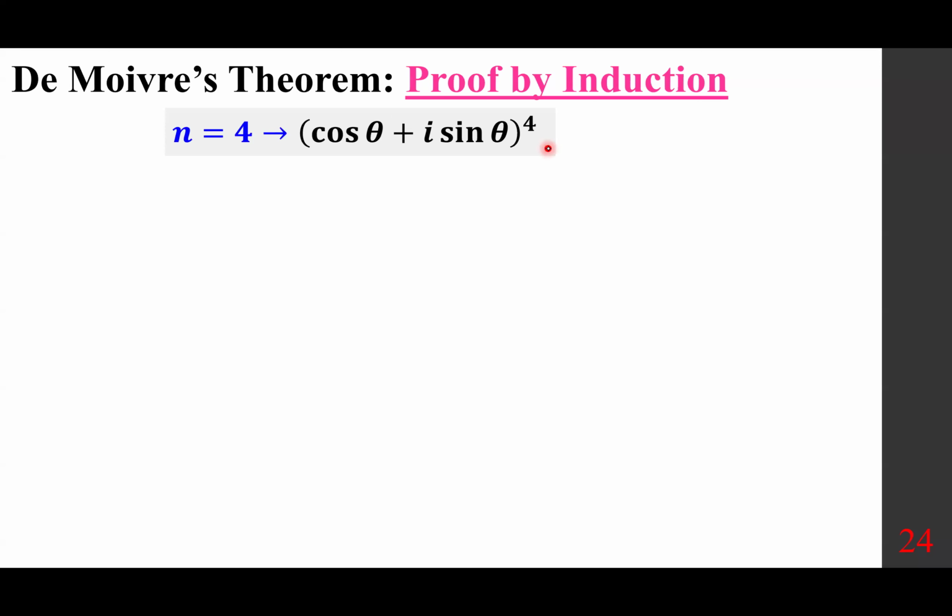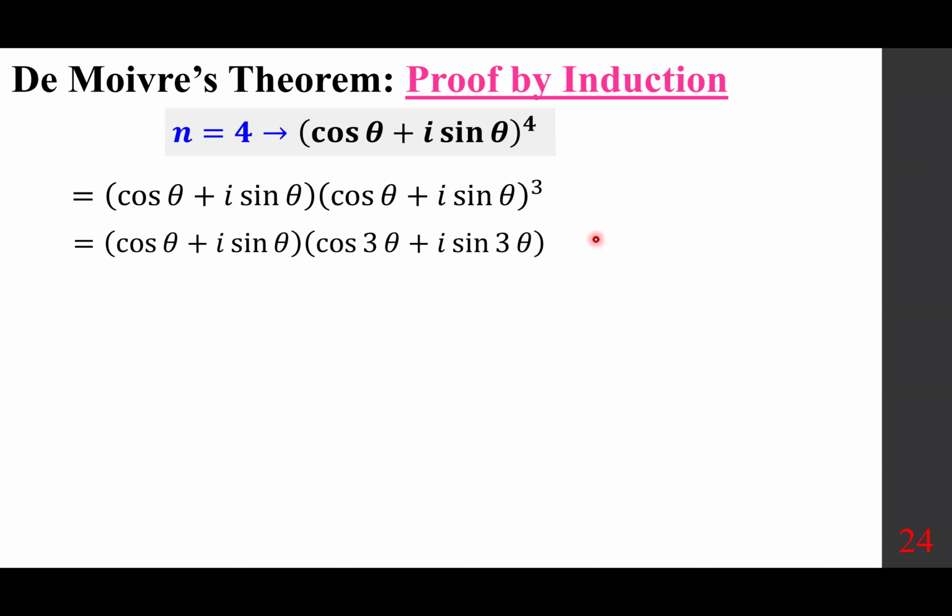If we want to raise this to the power of 4, that means cosine theta plus i sine theta times cosine theta plus i sine theta to the power of 3. This part we pick from the previous result, cosine of 3 theta plus i sine of 3 theta.